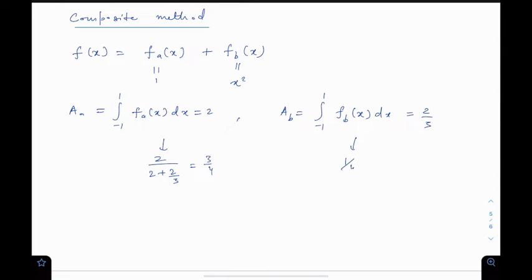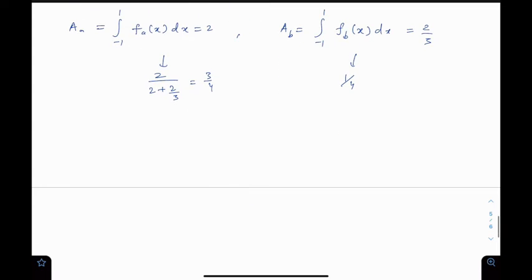So the first step is to generate V, which is a random number from the interval 0, 1. If V is less than or equal to 3/4, we generate from f_A.